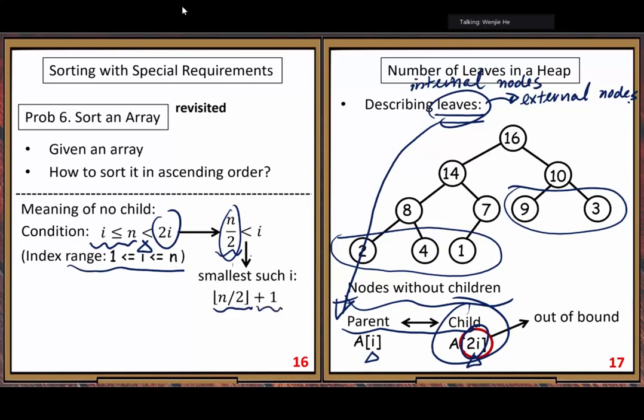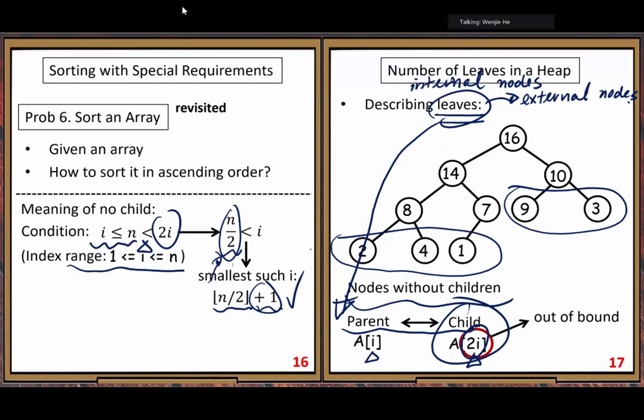When n is odd, the floor of n over 2 is smaller than n over 2, but after we add 1, it is strictly greater than n over 2. So this is the appropriate expression for the lower bound of I.